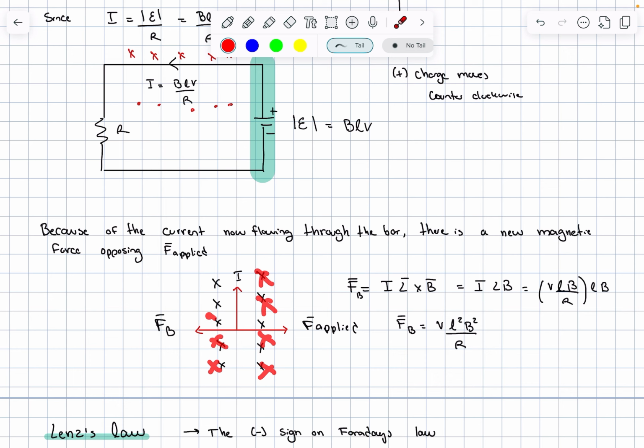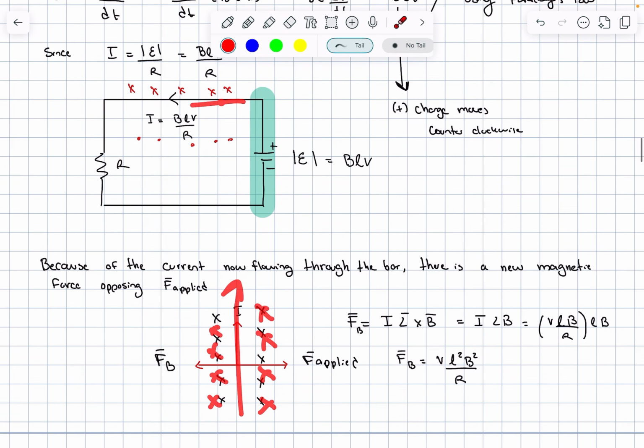And we now have this new current going in this direction. So it's going like this and then up like this. So this is the current. And we know that the magnetic force on a current carrying wire is IL cross B, where L is in this direction. And so we get ILB because, of course, they're perpendicular to one another, and then we just plug in what we know.